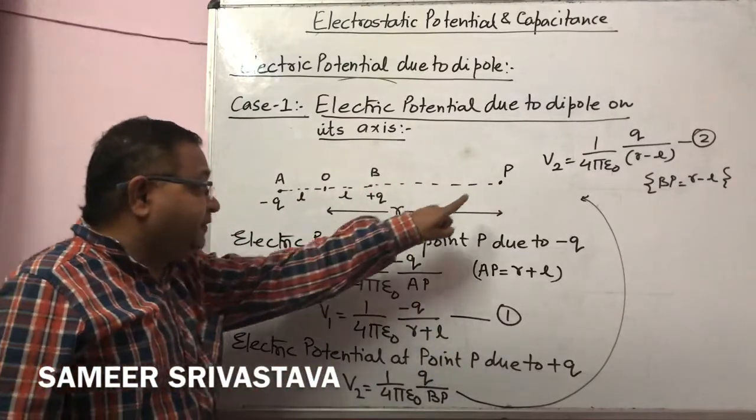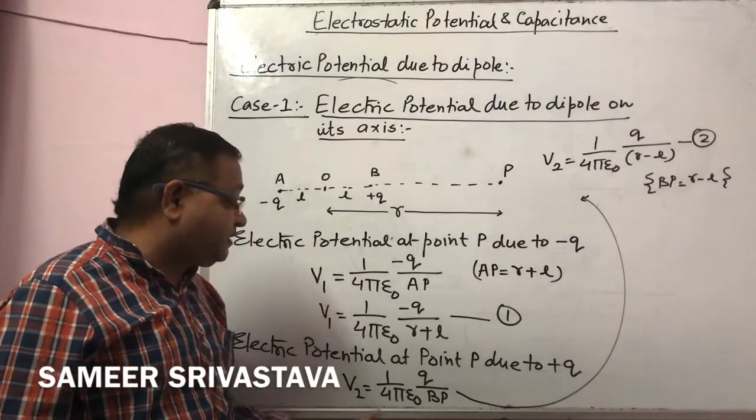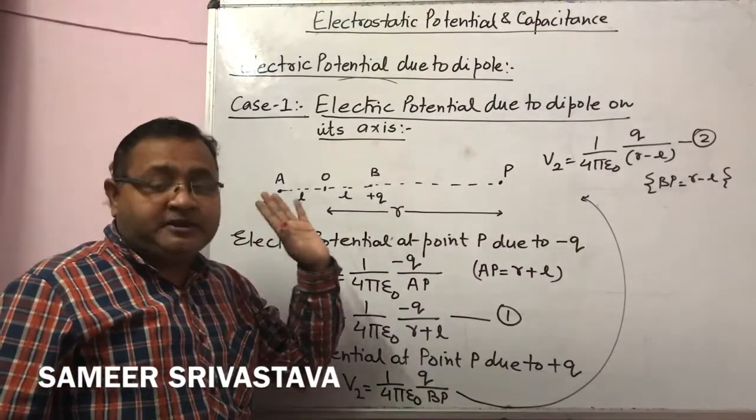So we got two potentials at the point P, that is V1 due to negative charge and V2 due to positive charge.